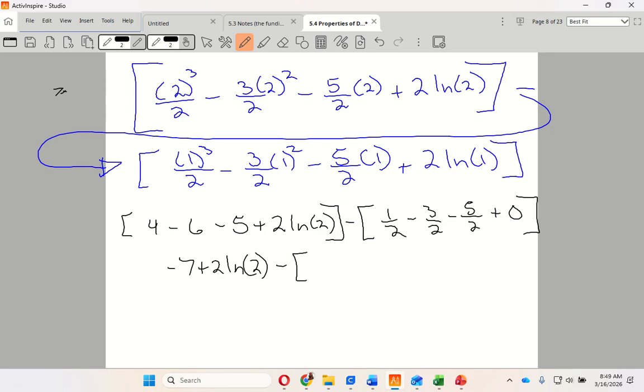Negative 8, negative 7 over 2? And minus minus becomes a plus. And so that is going to be what? 14 over 2. Yeah. Negative 14 over 2. And 7 over 2 is going to give me a negative 7 over 2.